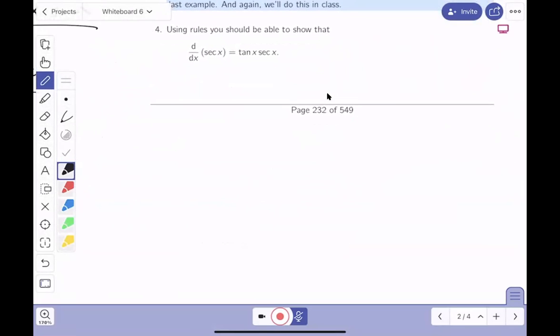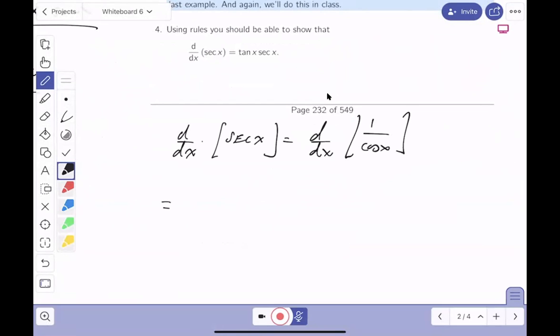All right, let's do number 4. Looks relatively simple. So d/dx, I'm going to relate it back to what I do know. This is secant x. I don't know secant x, but I do know it's related to 1 over cosine x. Let's go through it. That's going to be square the bottom, bring the bottom to the top.